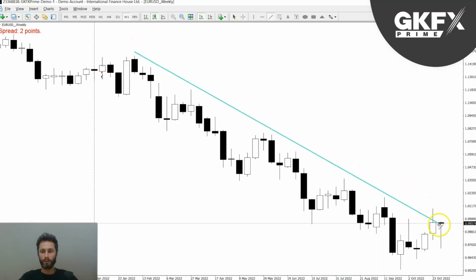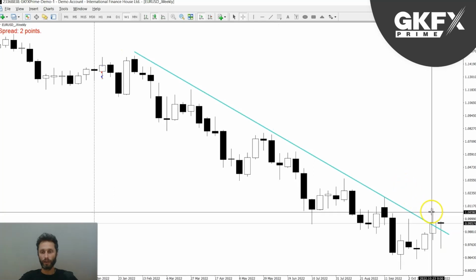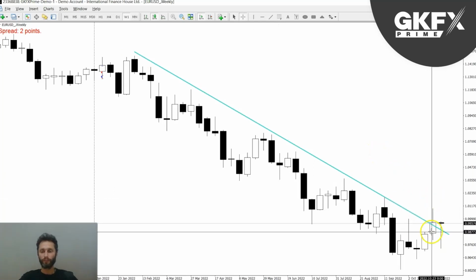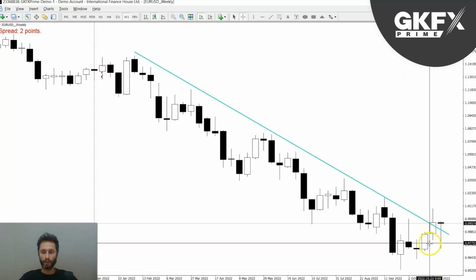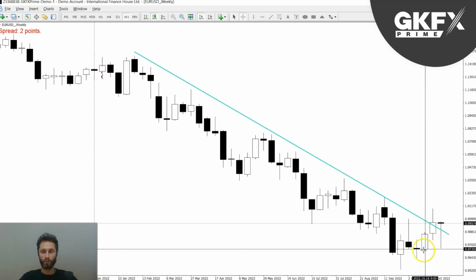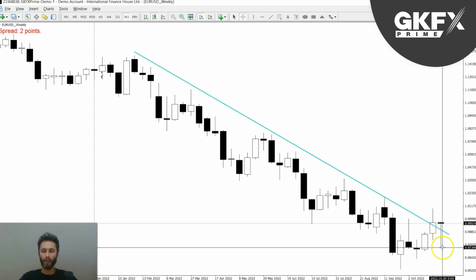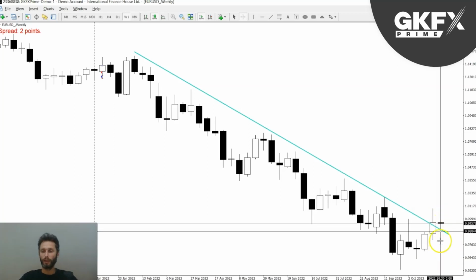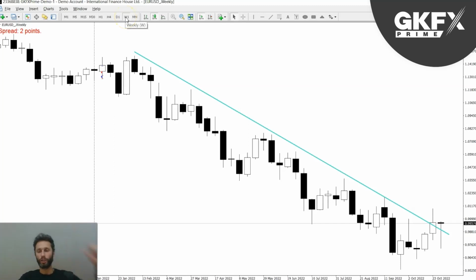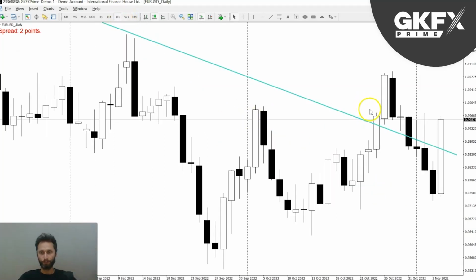Looking at this trend line right here, we have a possible break. We had this move to the downside, taking out these lows, previous week lows, and that NFP week then closed bullish last week. So I'll be looking for a continuation to the upside on the euro there.